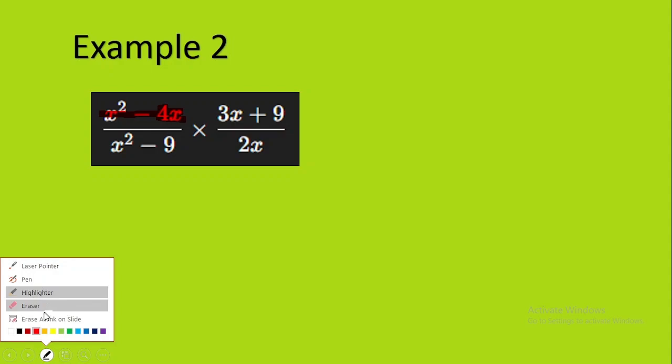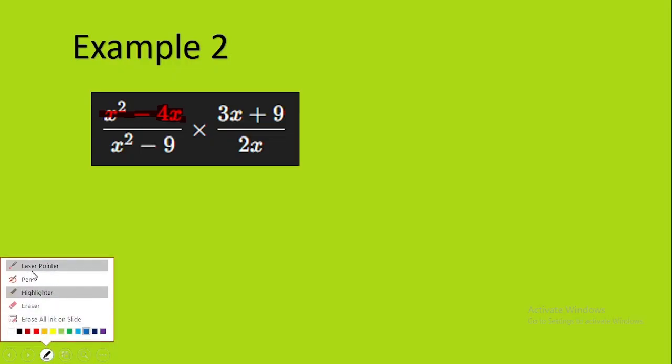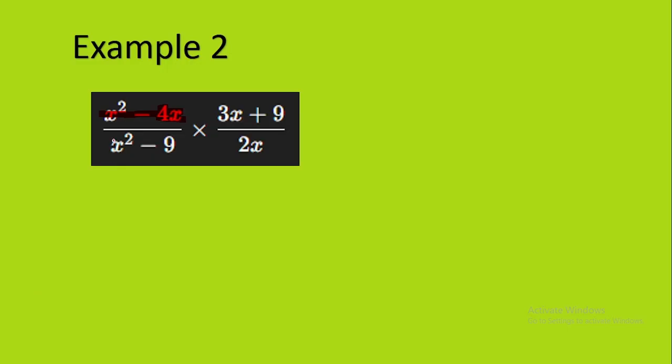So let's finish our work and let's change the color. So let's start by factorizing. So we have x squared minus 4x. Now all we have to do is to remove the common factor right there, the highest common factor. And the highest common factor from x squared minus 4x would just be x. So let's write it right here. So x in bracket.